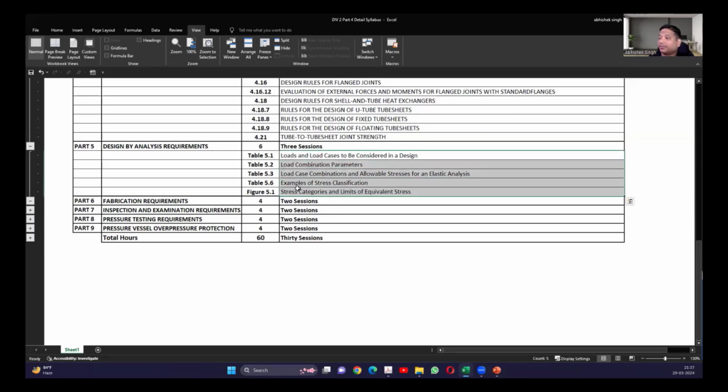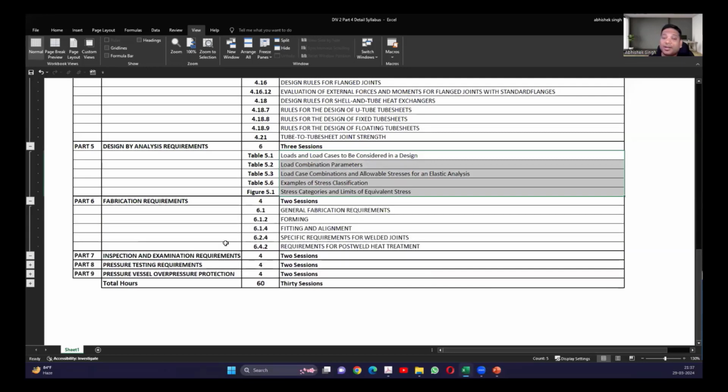The FEA part is not there because the intention is not to make an FEA person. That will require lots of software training. When we talk about FEA, the modeling and using the FEA tool itself is a massive task. That is the reason we have kept that aside.